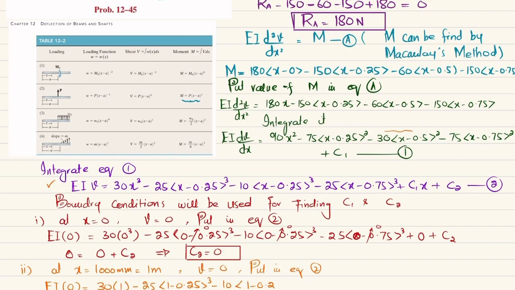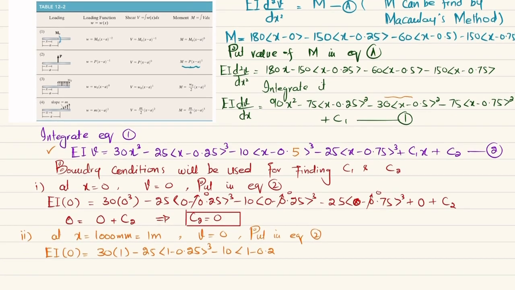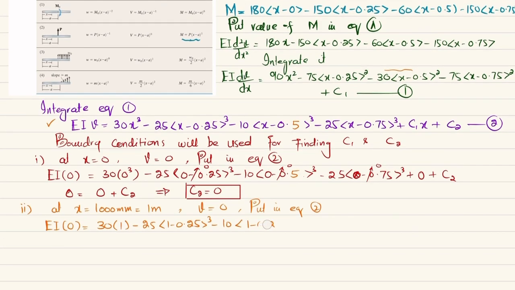Correct it. This is 0.5. So 1 minus 0.5 cube minus 25 into 1 minus 0.75 whole cube plus C1 into 1, which is C1.